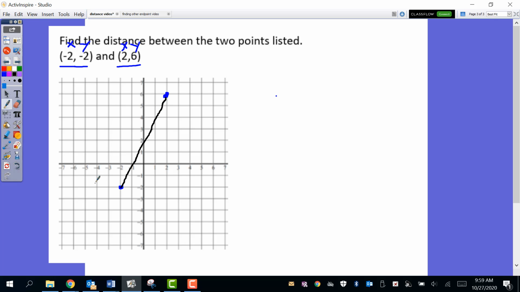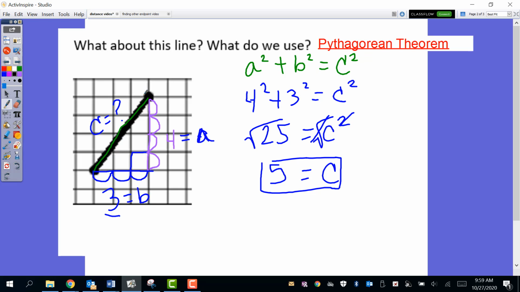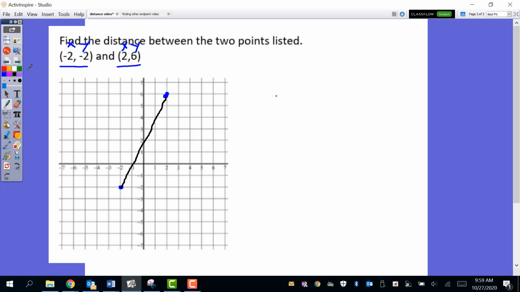Then from there I do the same step as I did here. I have to create a right triangle. So here's my right triangle, and it doesn't have to be perfect. Now you see this is a right triangle.